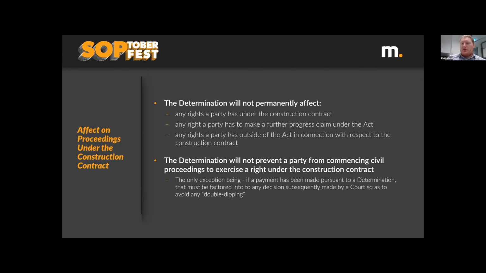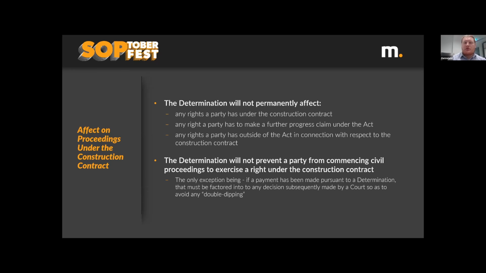So once you've got a determination, what happens to the rest of the relationship under the contract? Essentially, a determination will not permanently affect any rights a party has under the construction contract, any right to make a further progress claim under the Act, or any rights that the party has outside of the Act in connection with the construction contract.